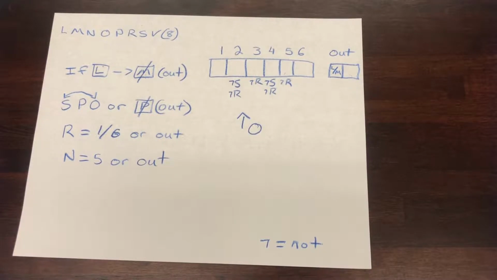We have A, D, and E remaining. Now we know that L and M cannot both be in. So any answer with L and M both in is wrong.